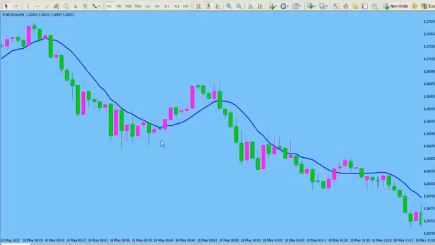Now, with this, you want to find your trend on a larger time frame, either the 5-minute or the 15-minute chart. Once you establish your trend, you want to take trades on the 1 minute time frame in harmony with that overall trend, which is the in on the 10, out on the 10.